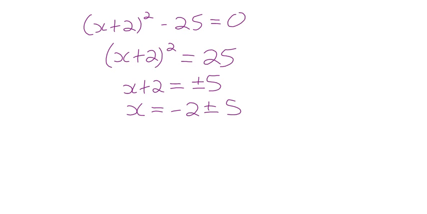Right, so it's negative 2 plus or minus root 5, which is going to yield us two solutions, which are negative 7 or positive 3. Okay? So generally speaking, most of the time you're going to get two solutions, right?